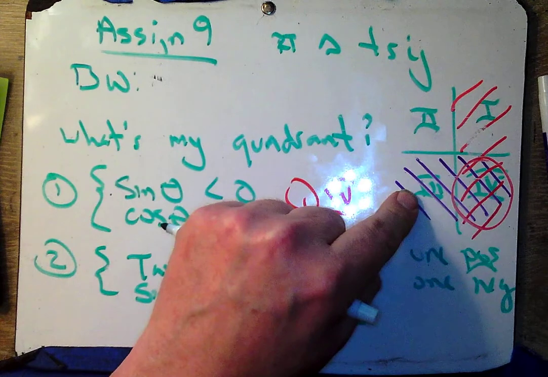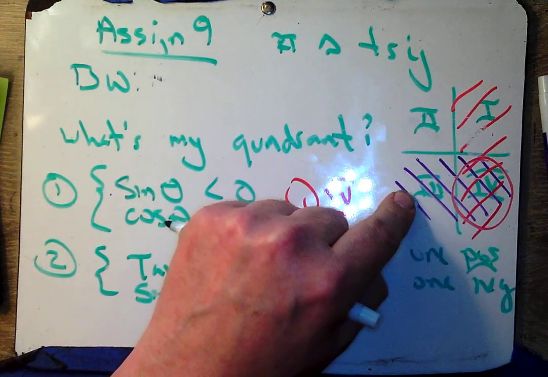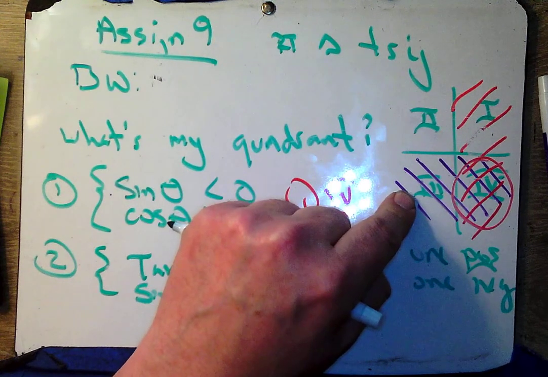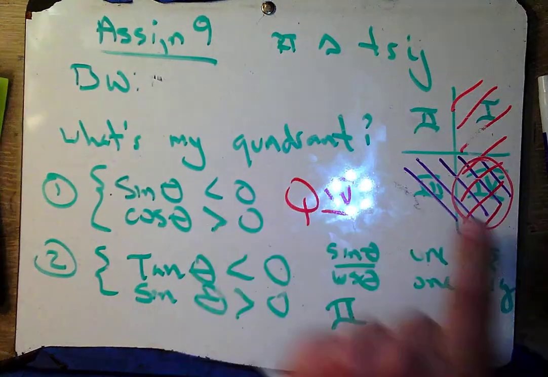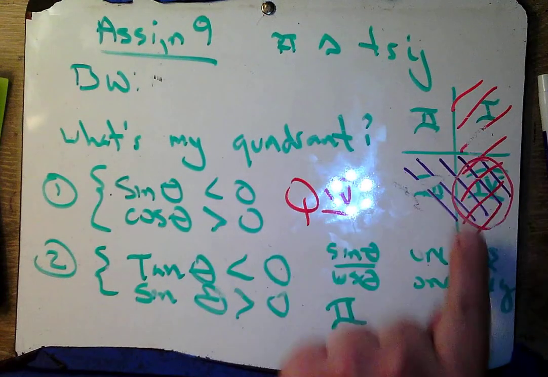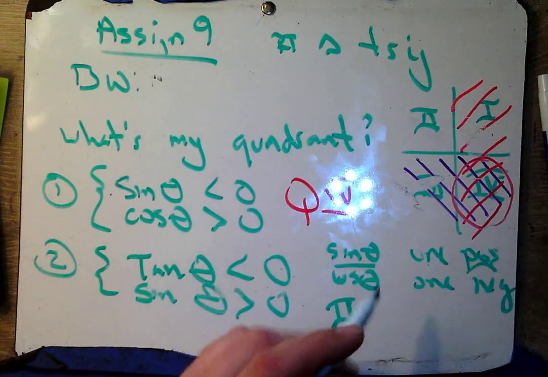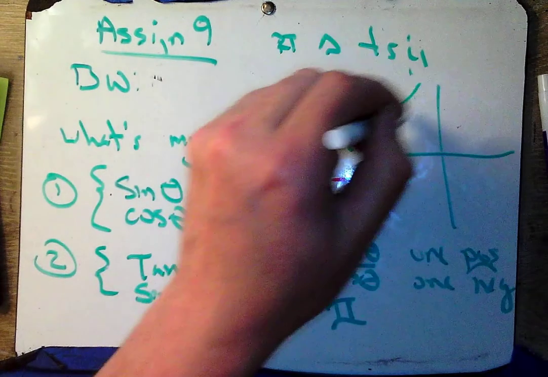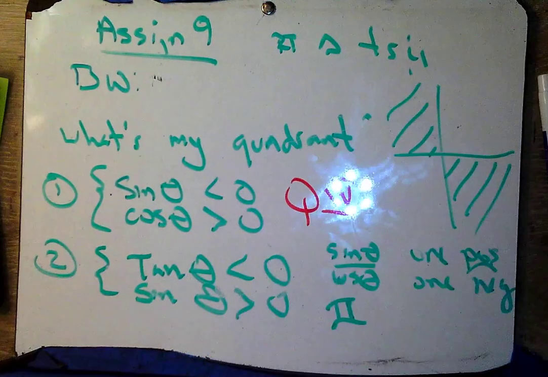Over here in the third quadrant, both the x's and the y's are negative, so negative divided by negative is positive. No, not quadrant 3. But over here in quadrant 4, the x's are positive, the y's are negative, so there's another choice for us. So tangent is less than 0 in these quadrants.